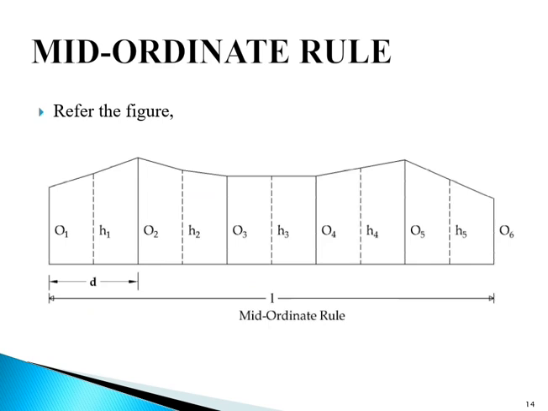Refer to the figure. Let O1, O2, O3 up to On be ordinates at equal intervals. L is the length of the baseline and D is the common distance between ordinates. H1, H2, H3 up to Hn are the mid-ordinates.